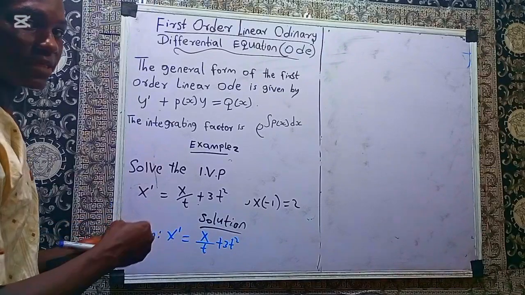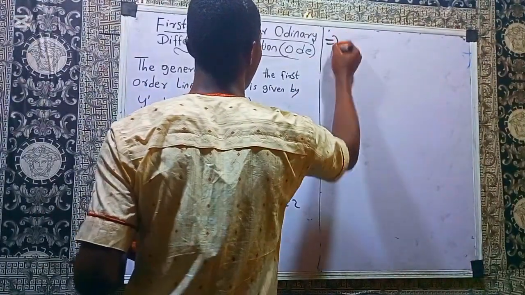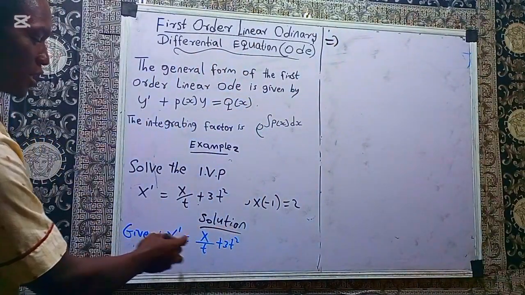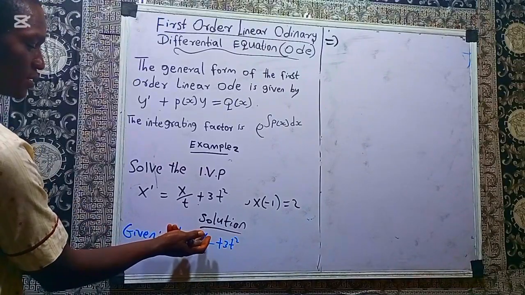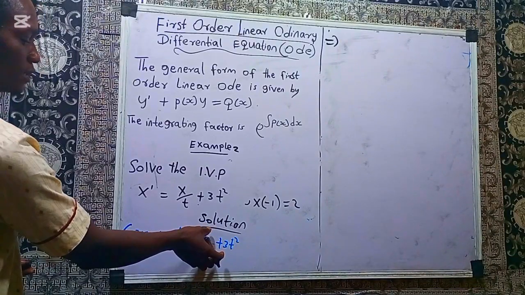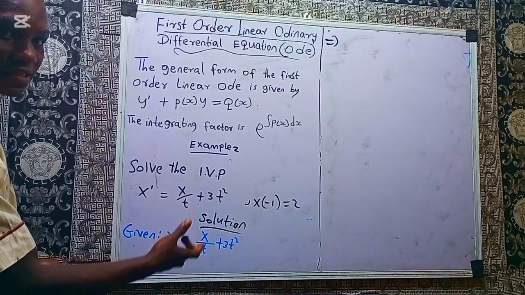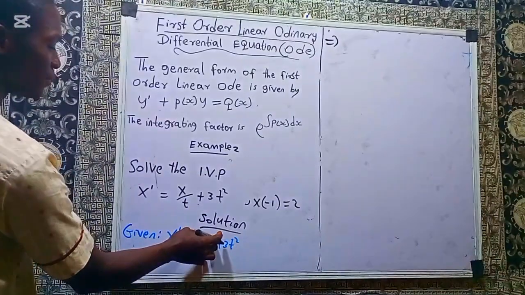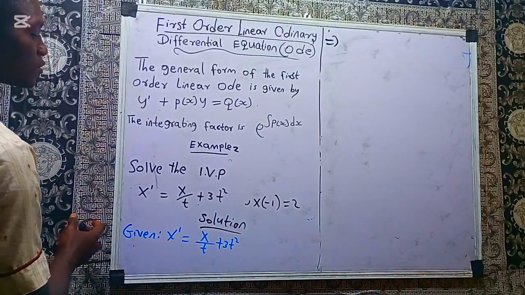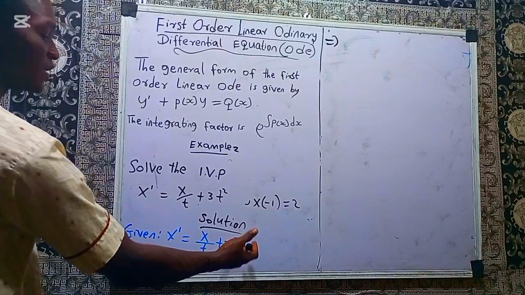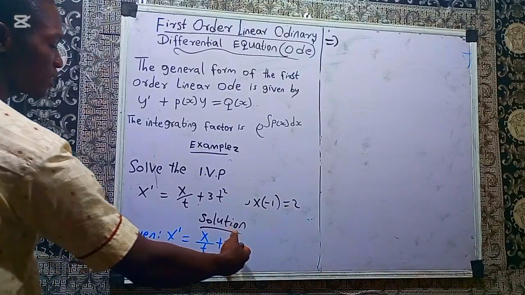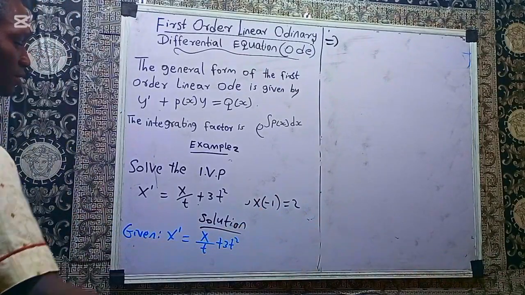So I'm going to rewrite this. This implies I'll move the term that has the dependent variable. The dependent variable here is x, because x is the one that has the derivative sign. I'll move this term to the right, leaving the function of the independent alone at the right hand side.